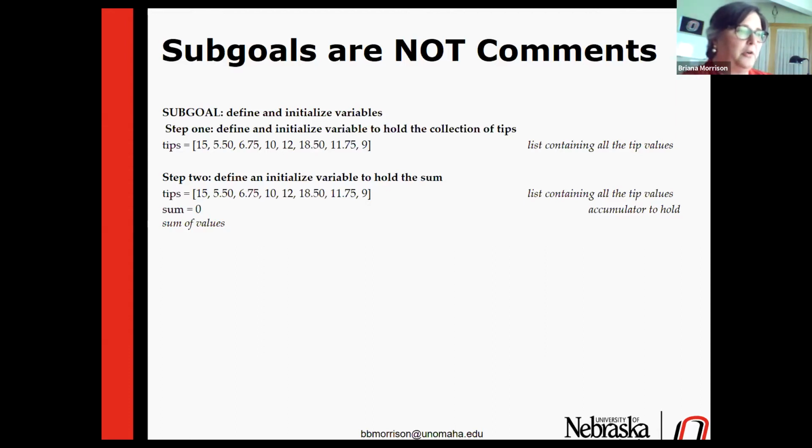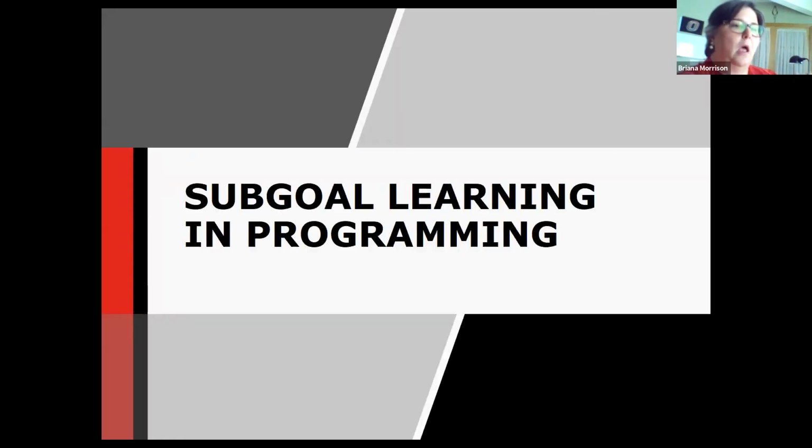In this particular example, the sub-goal would be to define and initialize variables, but the comment may be initialize the tip variable, right? The tip variable is specific to a problem, versus define and initialize is generalized across multiple problems.